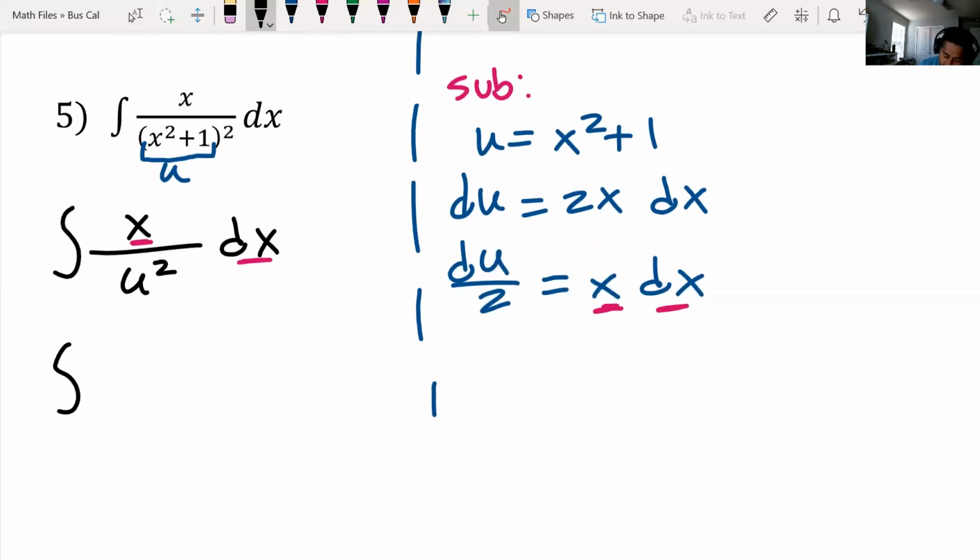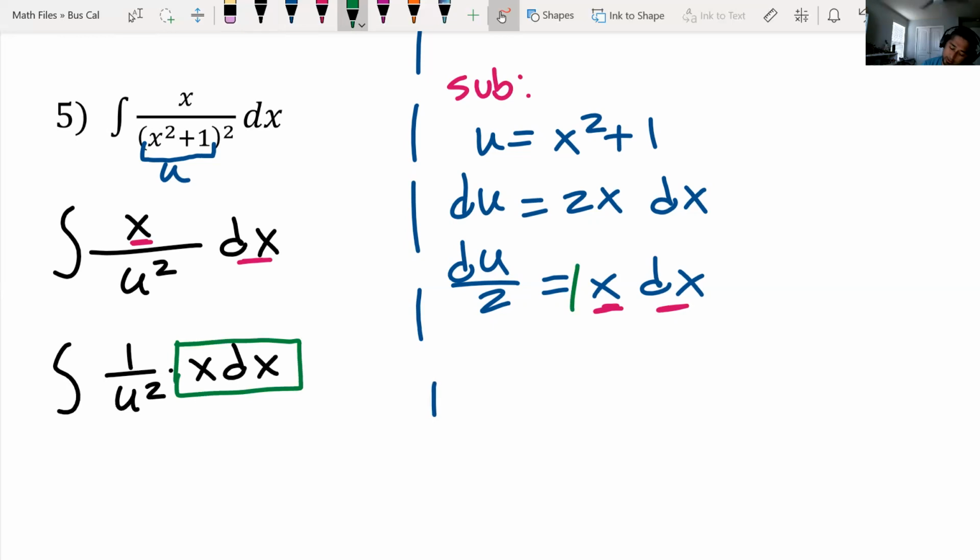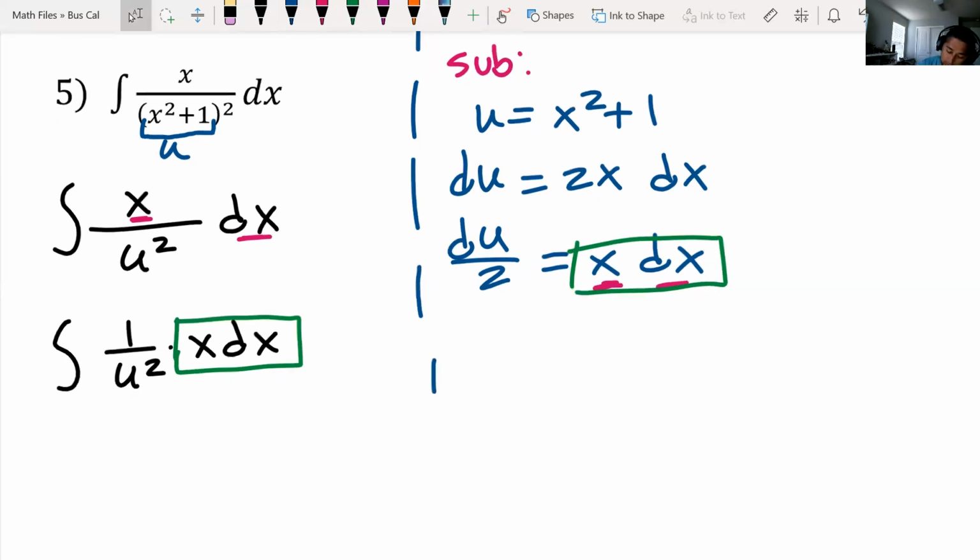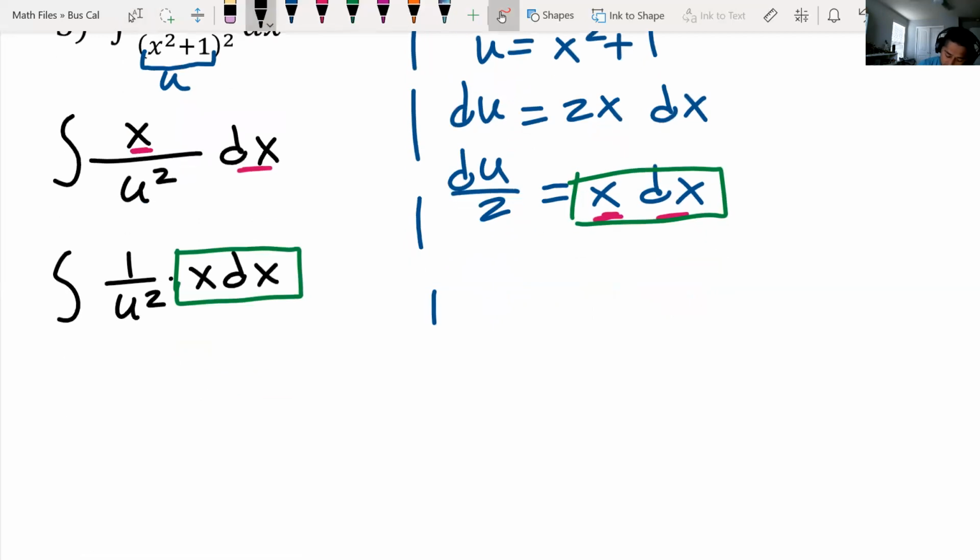I can rewrite this as 1 over u squared times x dx. And now this x dx matches that x dx and becomes what? Du over 2. Good.